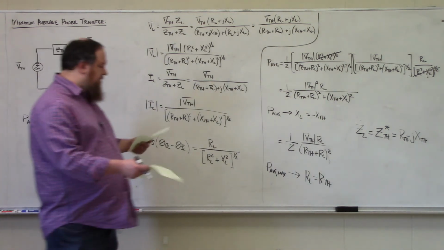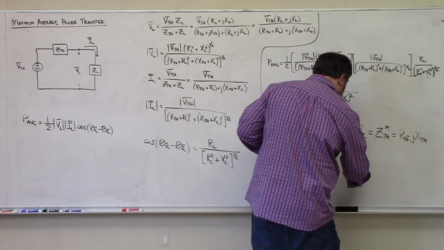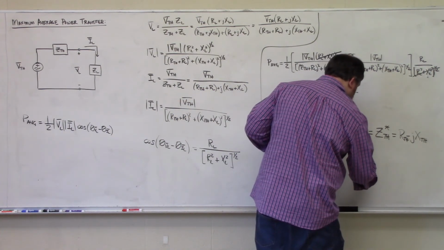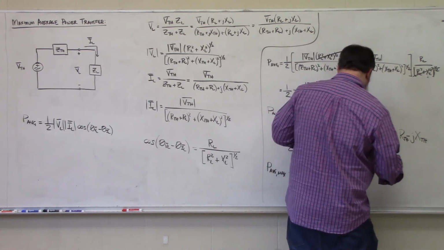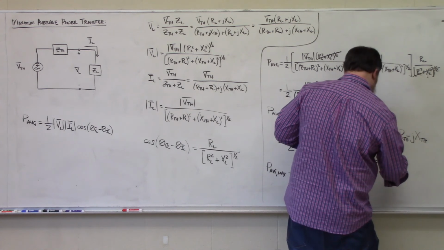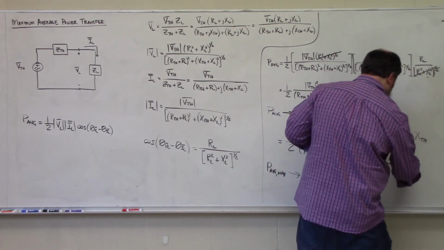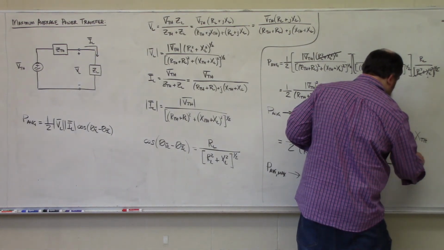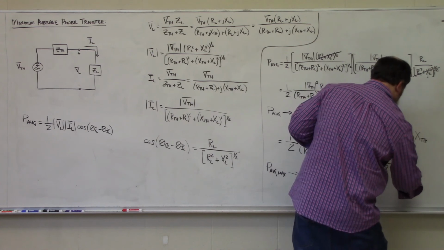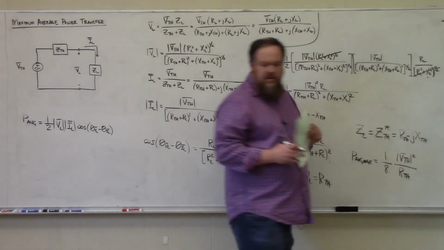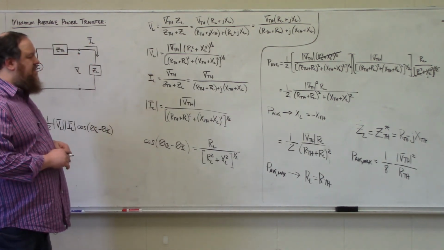Our relationship for maximum average power transfer then becomes P average max is equal to 1/8 the magnitude of the Thevenin voltage squared divided by the Thevenin resistance, which is the real portion of the Thevenin impedance.